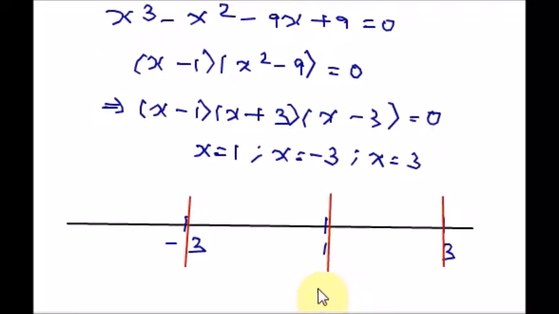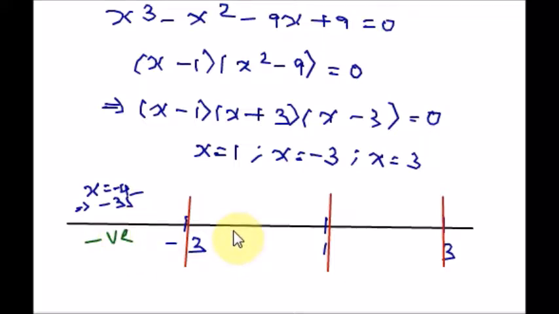To do the sign analysis, pick one number from each of the sections we have created in this step and plug that number into the polynomial to determine the sign of the result. In this case, I'm going to choose the number next to this, negative 4, and if I plug that value in, I'm getting negative 35. So whatever value you plug in in this region, you'll be getting a negative value.